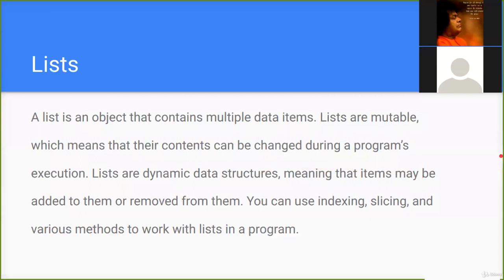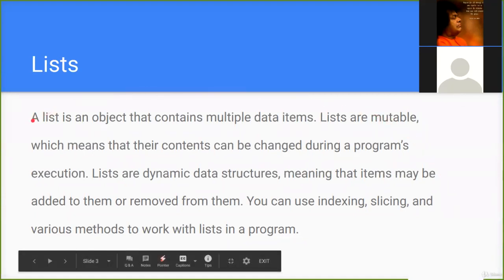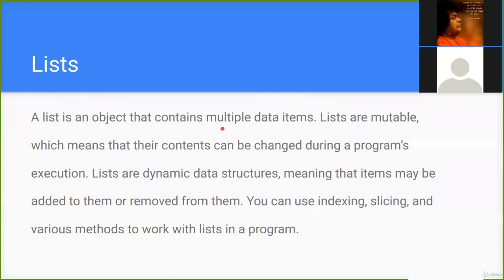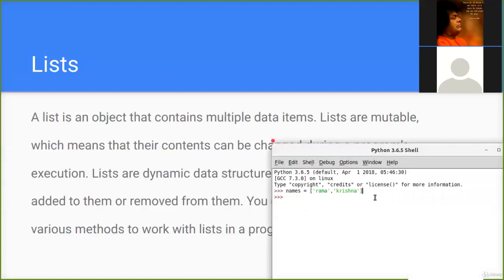Okay, a list is an object that contains multiple data items. This is what we had seen in our last class. We can create different kinds of lists.